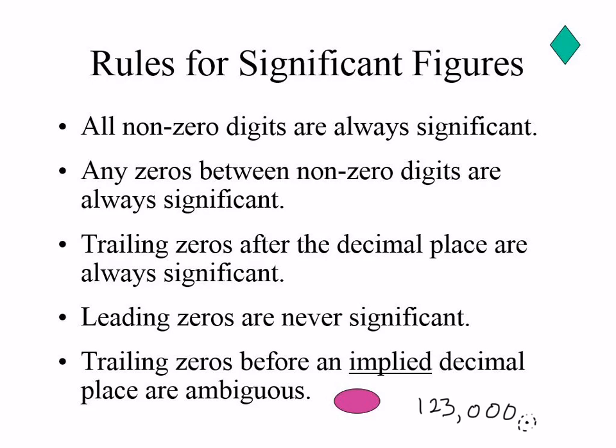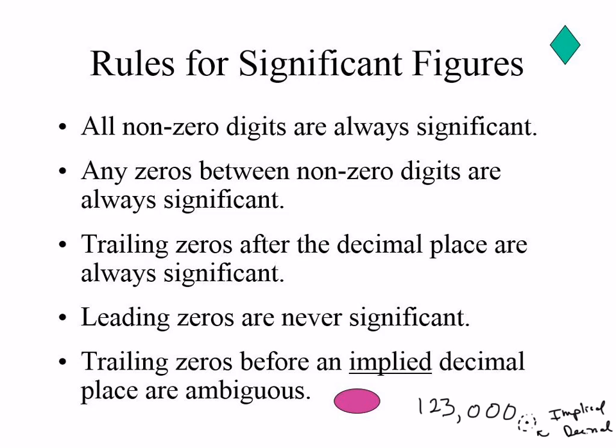There's actually a name for this. It's called an implied decimal. We all know it's there, but no one put it there. It's implied. So trailing zeros before an implied decimal are not significant.